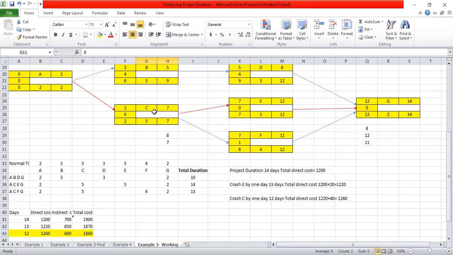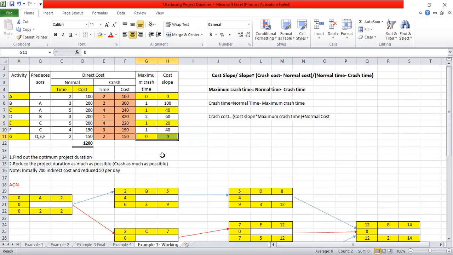So after that, our aim is to reduce this project duration, right? So as the next step, after highlighting this critical path, we are seeing whether we have a maximum crash time of 0 for the critical activities. Yes, there are two activities which have maximum crash time as 0 in the critical path, right?